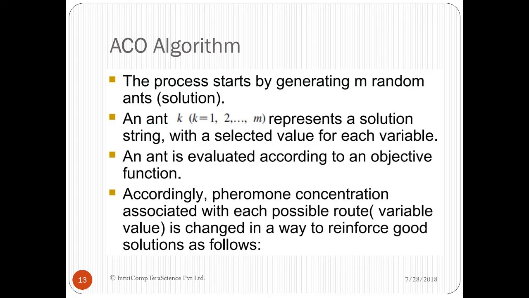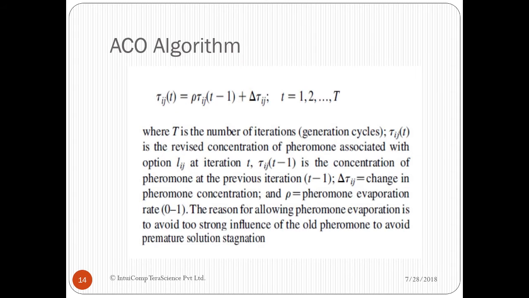Now accordingly the pheromone concentration associated with each possible route, that is the variable value, is changed in a way to reinforce good solutions as follows.